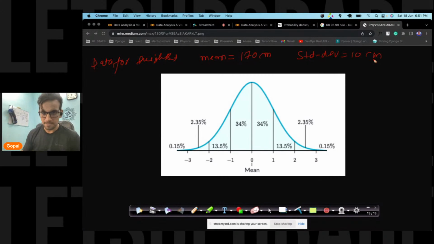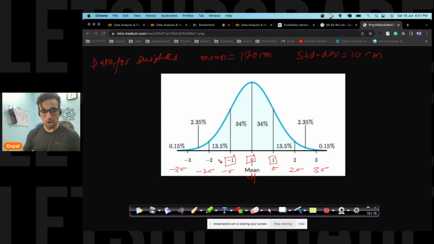Here is your mu value, and this is your first sigma, minus sigma and plus sigma. This will be minus 2 sigma, this will be 2 sigma, sorry, this will be 3 sigma, and this will be minus 3 sigma.